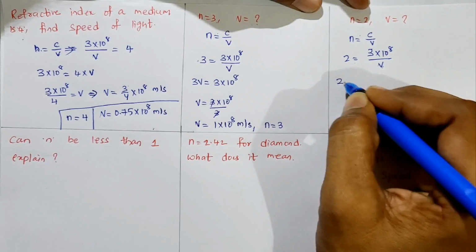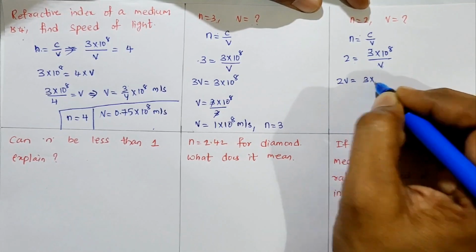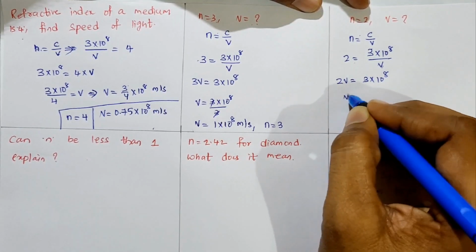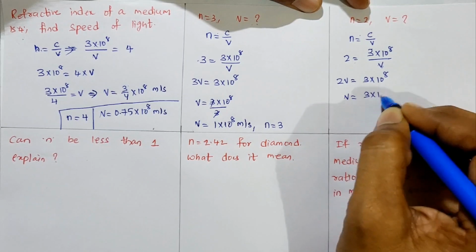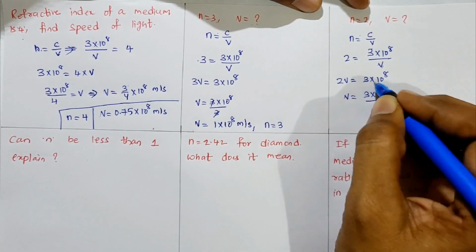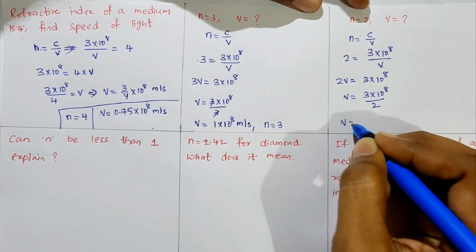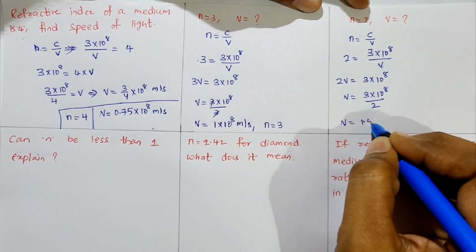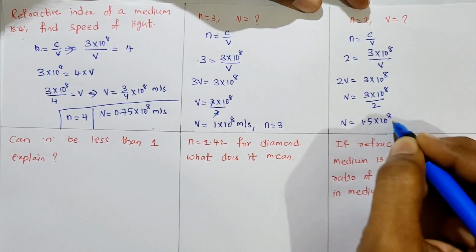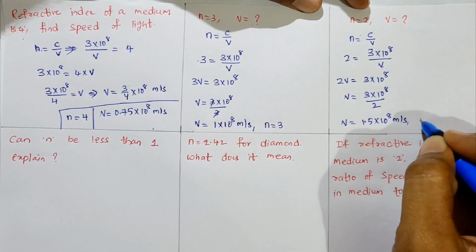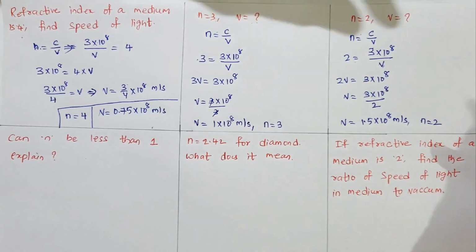We will send it this side. 2v is equal to 3 into 10 power 8. v will be equal to 3 into 10 power 8 divided by 2. So v is equal to 3 by 2. It will be 1.5 into 10 power 8 meters per second, and n is equal to 2.